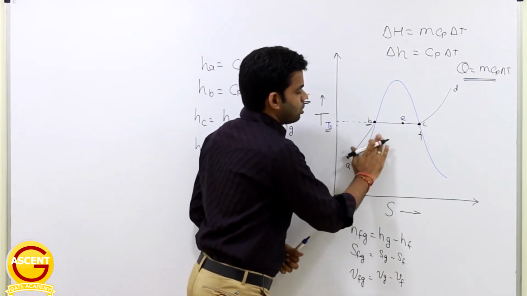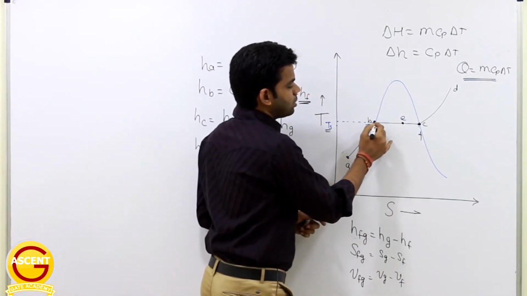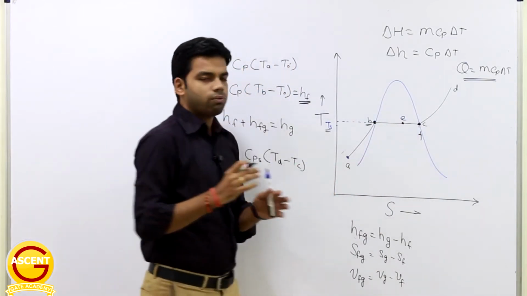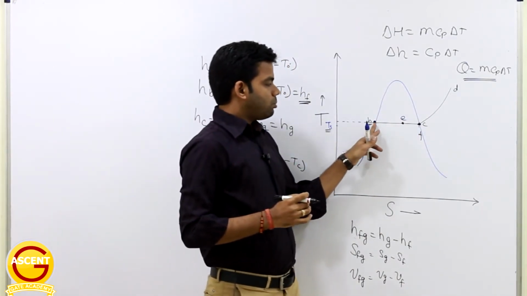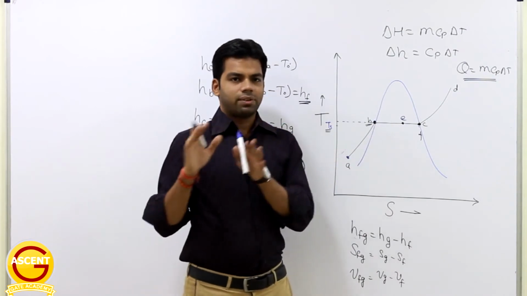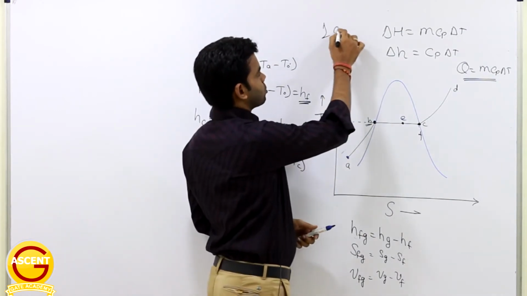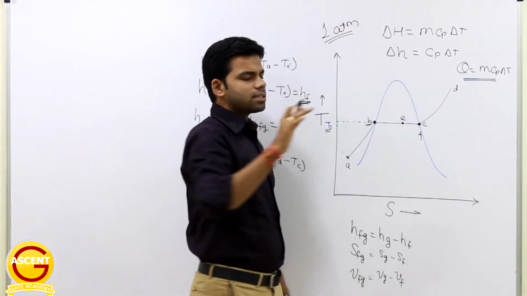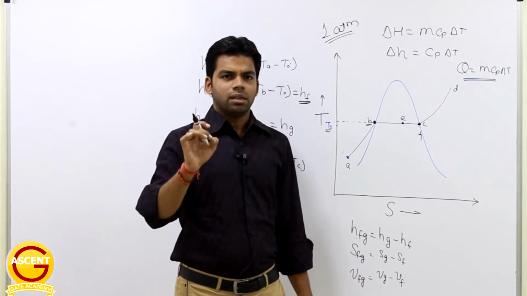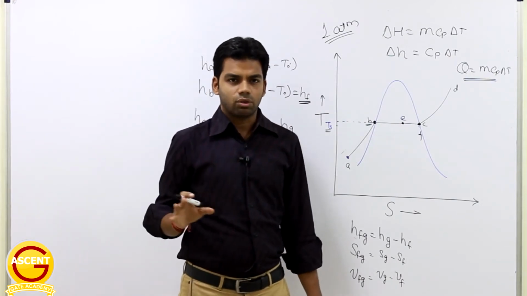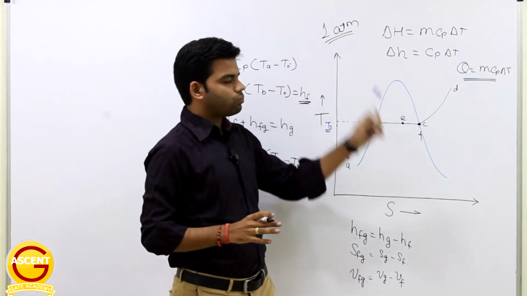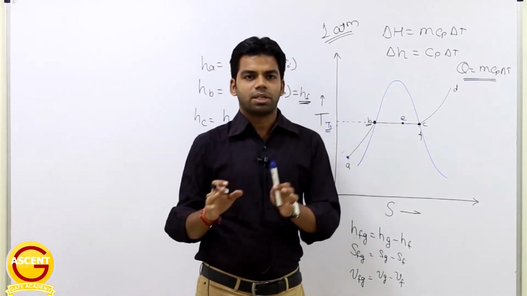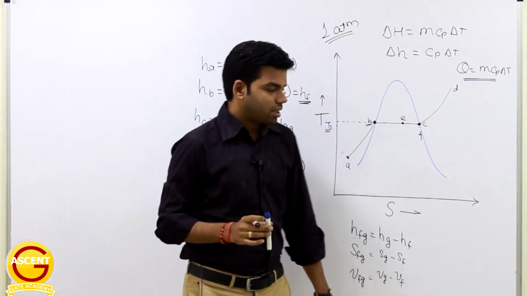Now the total enthalpy to convert, let's suppose 1 kg of water from 0 degree centigrade, everything I am referring to 1 atmospheric pressure. So don't take it as 0 degree centigrade, take it as saturation temperature. I am just simplifying this by saying 0 degree centigrade. I am referring to 1 atmospheric pressure because at 1 atmospheric pressure saturation temperature is 100 degree centigrade.